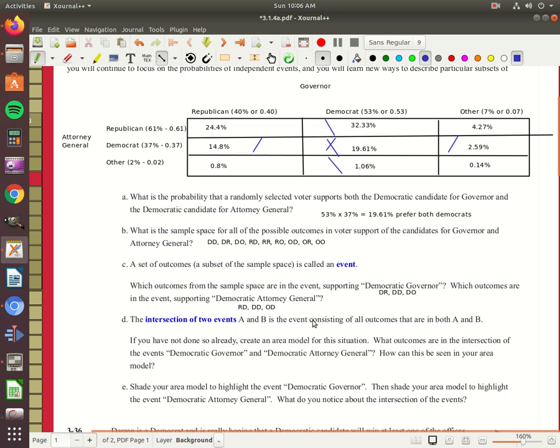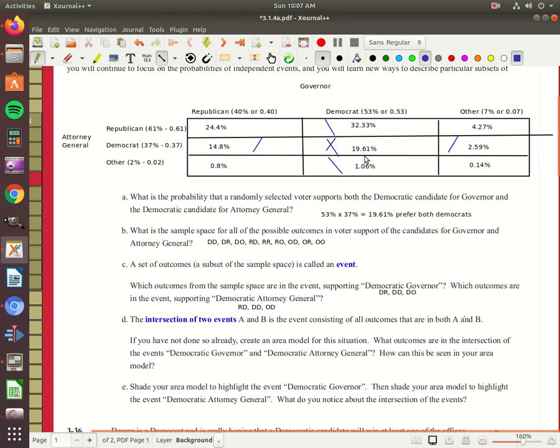The intersection is the event consisting of all possible outcomes that are in both A and B. What outcomes are in the intersection of the events Democratic governor and Democratic attorney general? They have to like the Democratic governor and they have to like the Democratic attorney general.